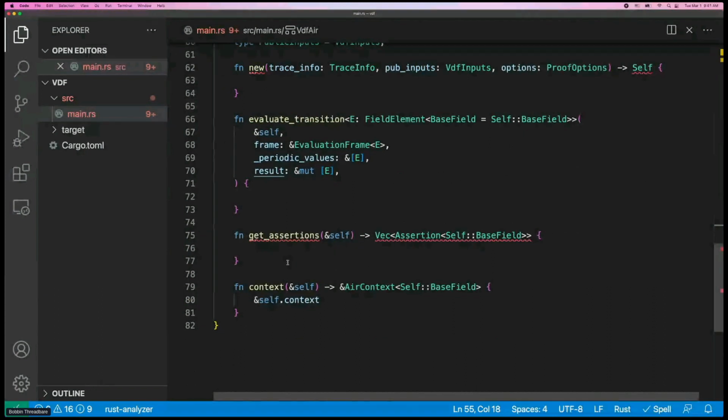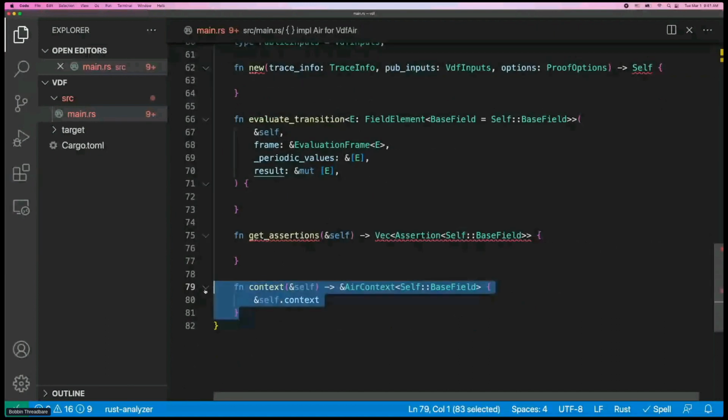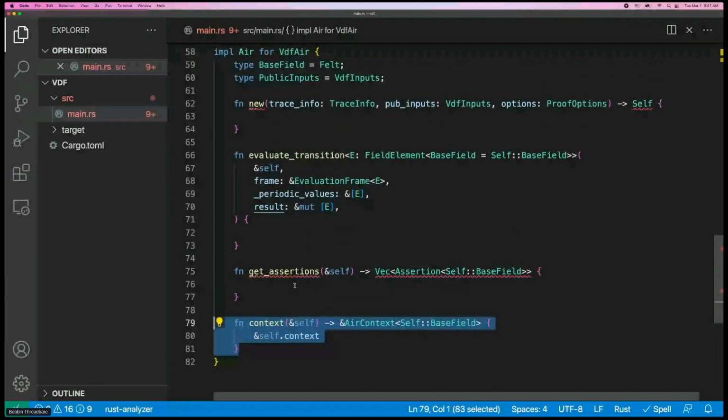So now we have our struct stubbed out. We have the context implemented, and now we need to actually do the meat of this computation. We have two assertions. We want to assert that the initial value of the sequence is equal to seed, and then the last value of the sequence is equal to whatever result we're claiming we have gotten after executing the function for 1,000,000 steps or whatever.